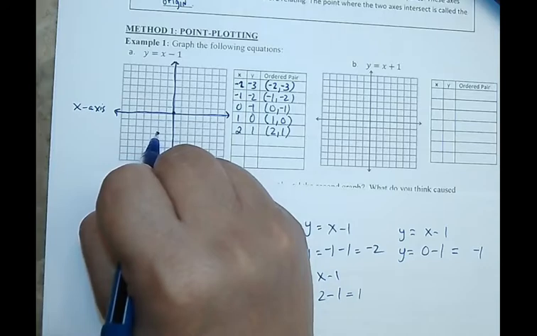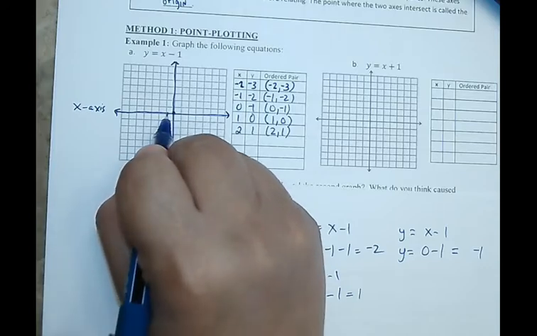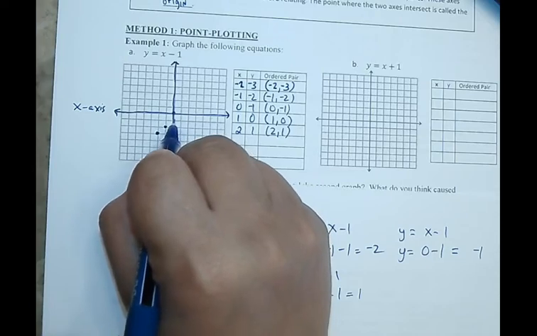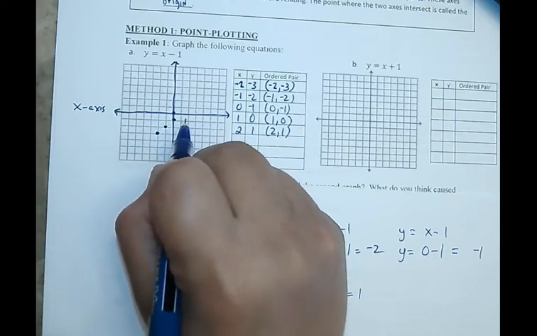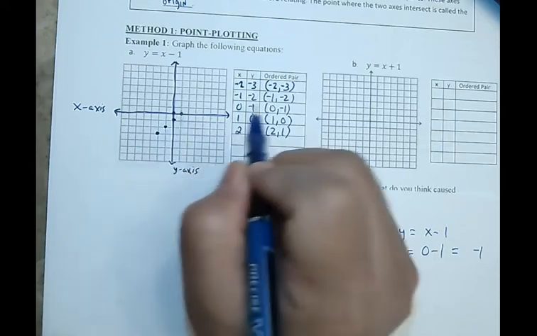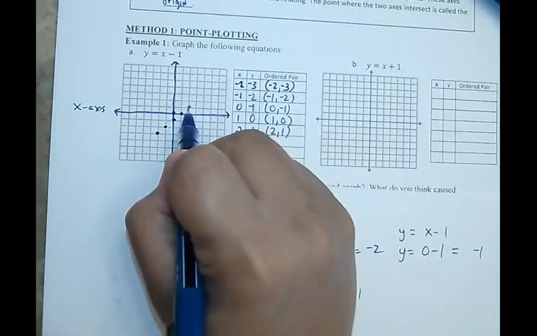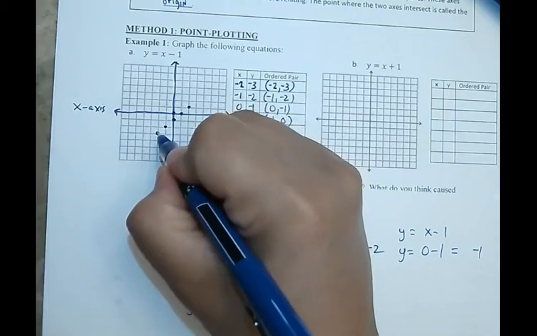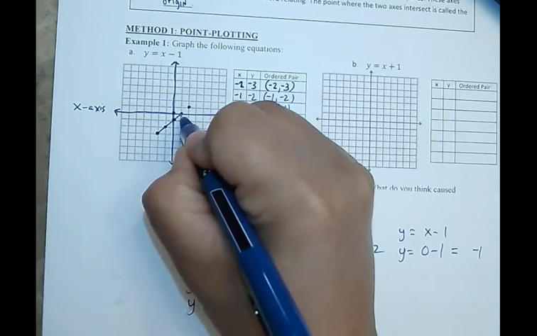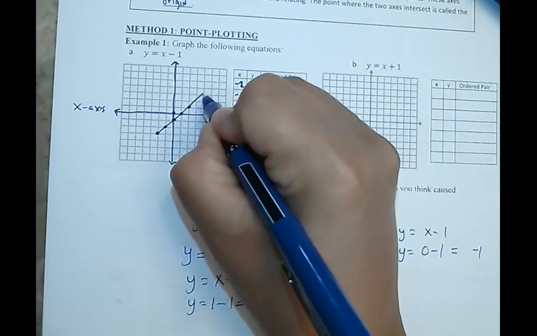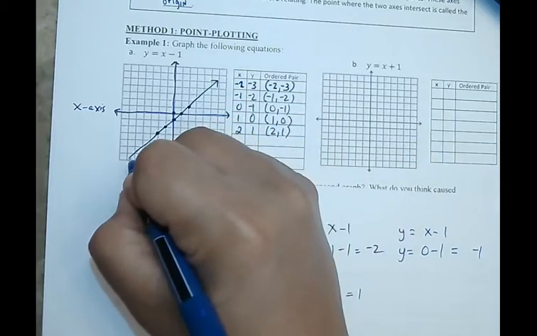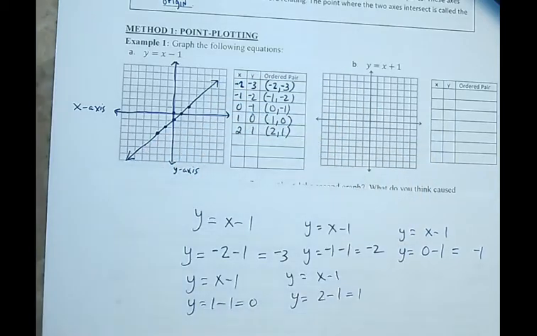That would be my first point. -1 and -2. 0 and -1. 1 and 0. And 2 and 1. Since we were able to choose any x that we wanted, then we would connect our points, and we can extend the line using an arrow at the end to represent that this line will go on forever to infinity.